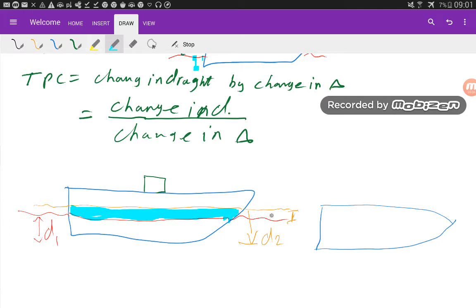But if we look from the side, we have a prism.